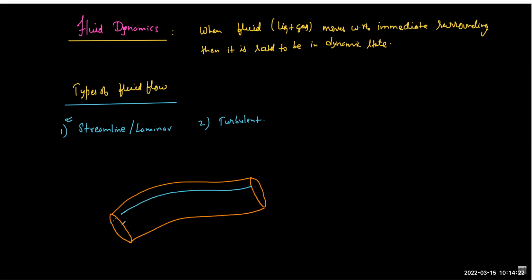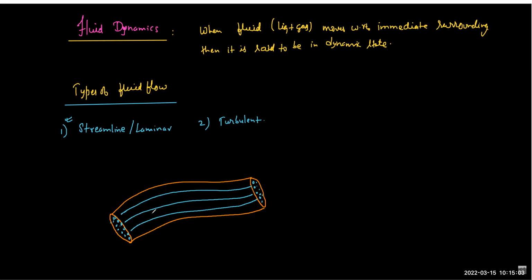So streamline is a concept. If I convert this volume into elementary tubes, imagine instead of one big hole, we have tiny holes, and every tiny hole moves parallel to each other, reaching the other end.